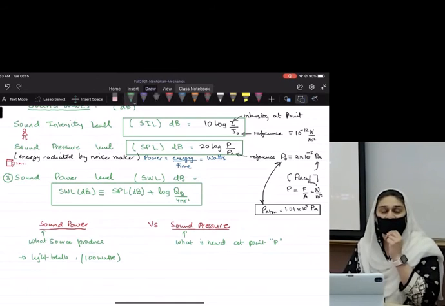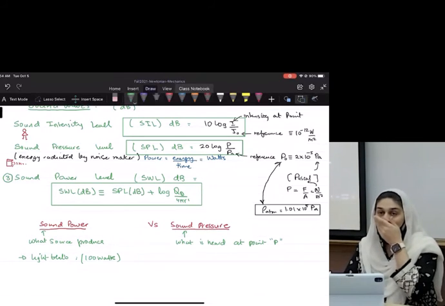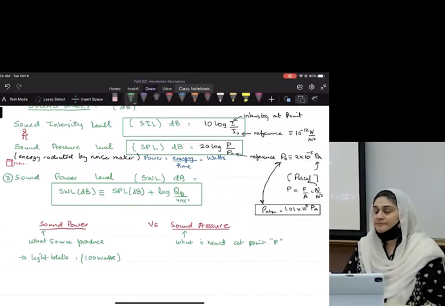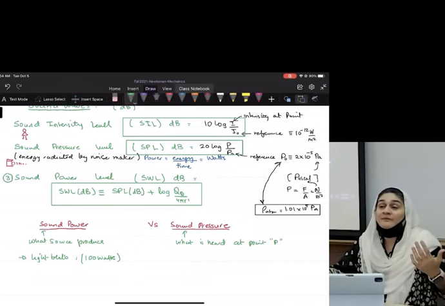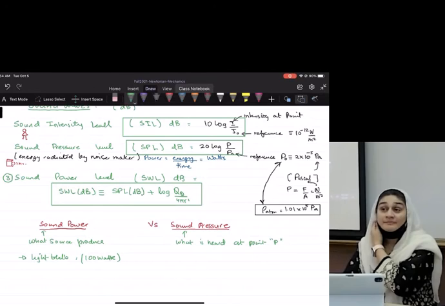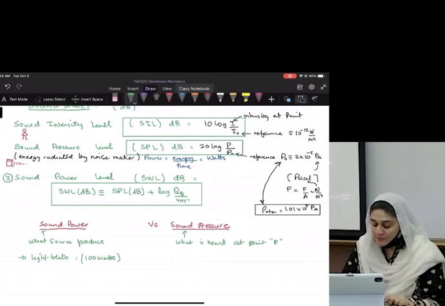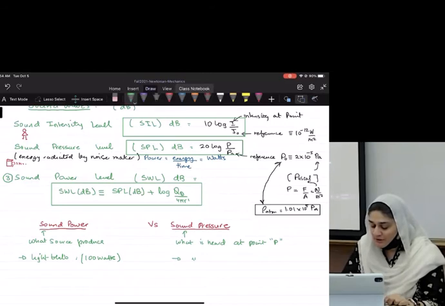How much are you receiving? However much, wherever you are. Depends on where. If I'm on top of the light bulb, then I'm receiving 100 watts. So this sound pressure depends on your location.